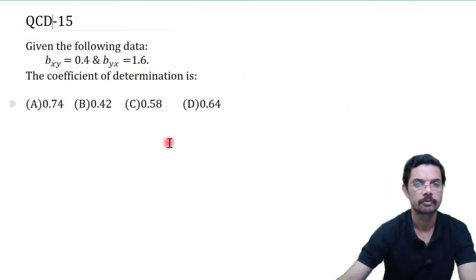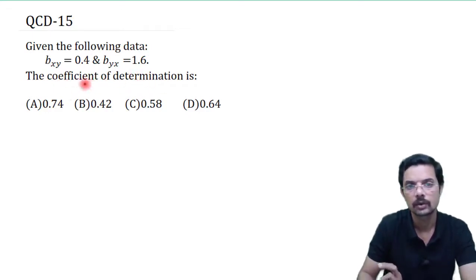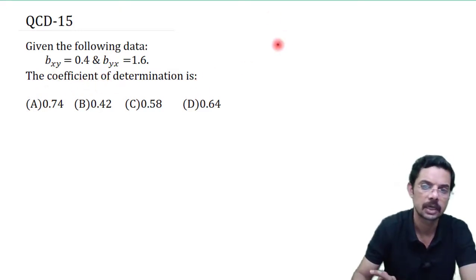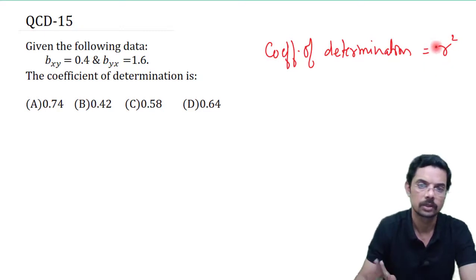Next, question number 15. Here we are given the following data, bxy and byx. Coefficient of determination. This has not been discussed during the theory sessions, but pay attention here that the coefficient of determination is nothing else but r square, where r is the correlation coefficient.